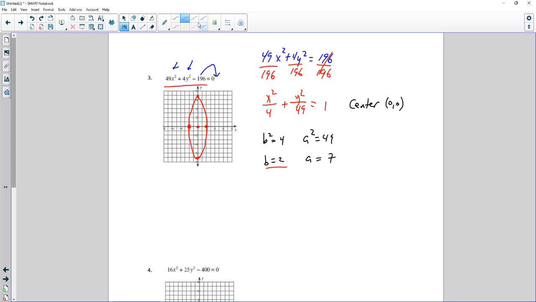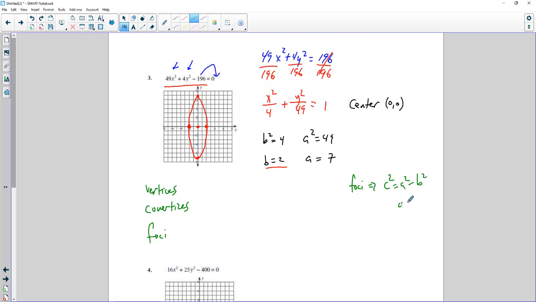And now we can find stuff. So let's find the vertices, co-vertices, the foci, and let's go ahead and find the foci this way. The foci is going to be given by c squared is equal to a squared minus b squared.